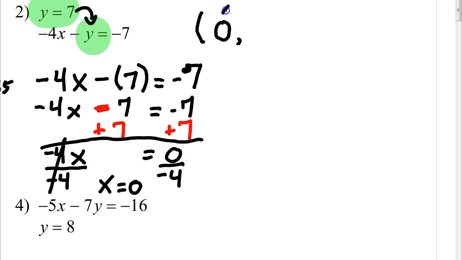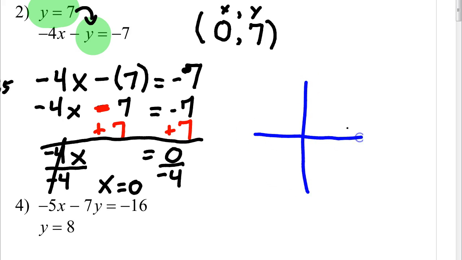First number is always x because it's alphabetical. And the second number is actually given to us in the question. Keep in mind what this all means. You don't have to do this, but if you did graph this, you have y equals 7, a horizontal line, and then you have this equation right here.